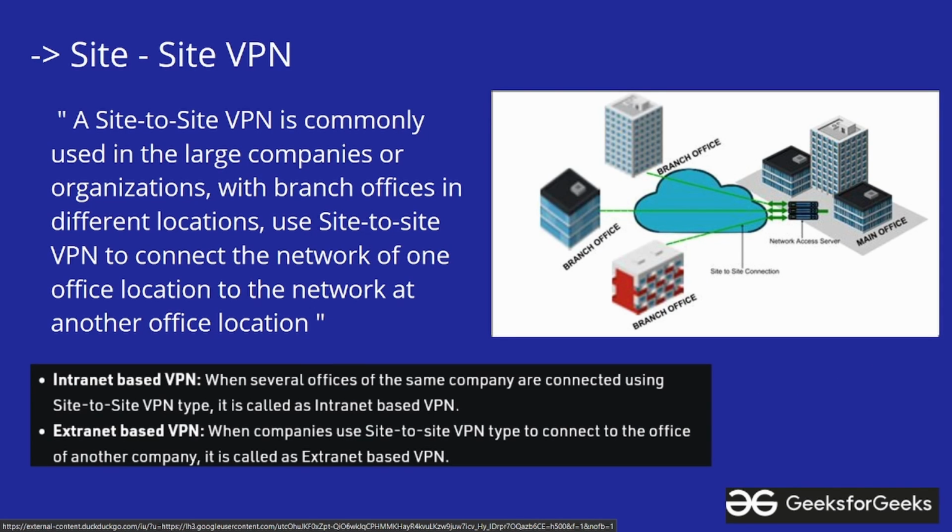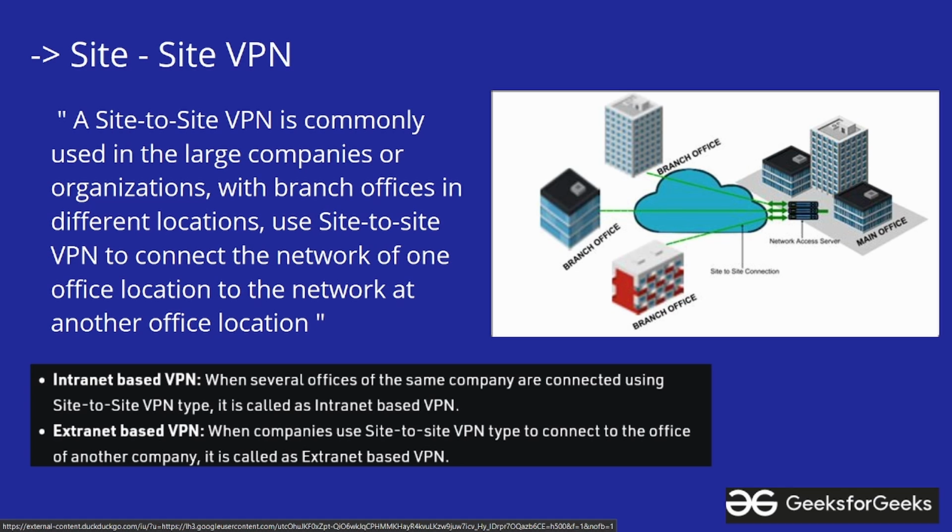Whereas a site-to-site VPN is usually used in large companies or organizations with branch offices in different locations. Such organizations use site-to-site VPN to connect the network of one office location to the network at another office location. When several offices of the same company are connected using site-to-site VPN, it's called an intranet-based VPN.